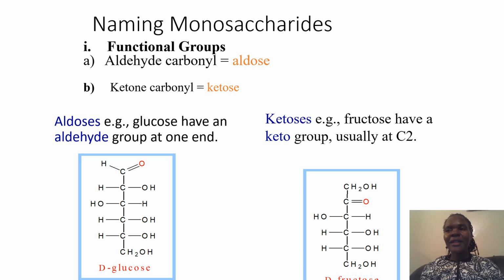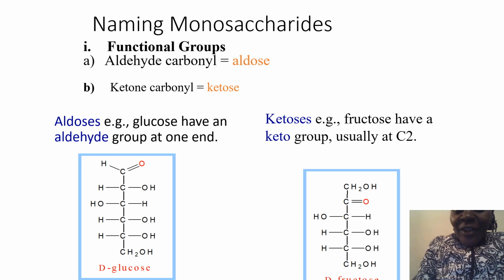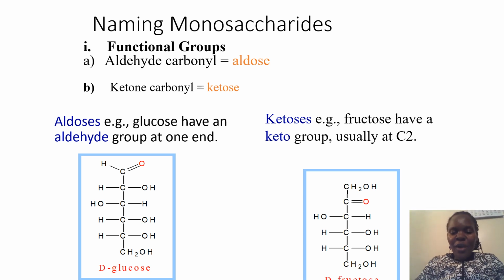I repeat, if you see the teacher asking to draw L-glucose, D-glucose, L-fructose, D-fructose, L-galactose, D-galactose, then you need to draw your monosaccharide in a linear form or Fisher's projection.